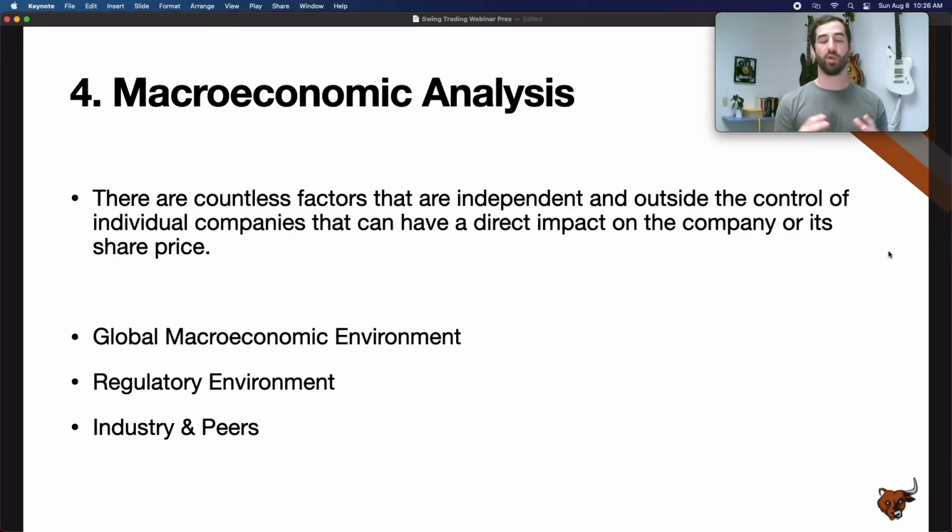All right. So for example, I'm recording this on August 6, 2021, and for the last couple of weeks, we've had some intense regulatory crackdown on Chinese companies, okay?